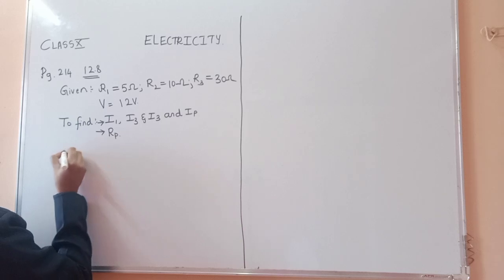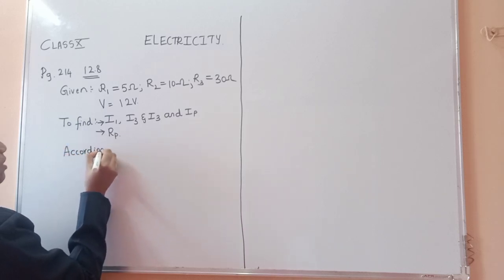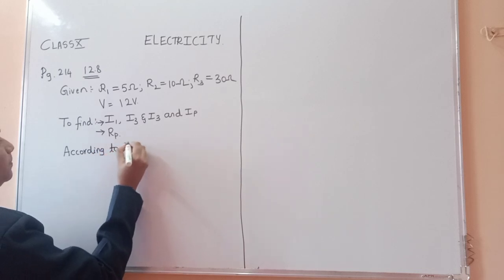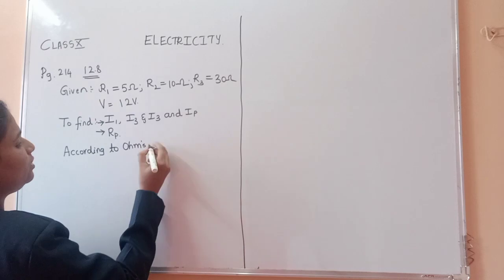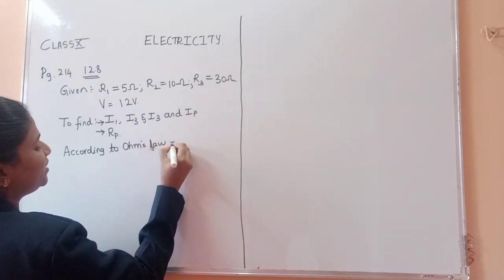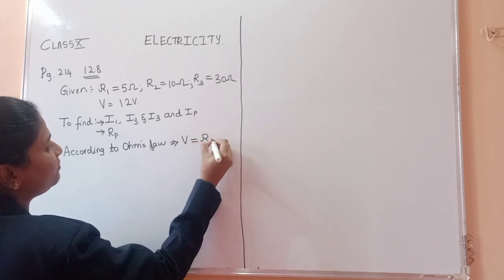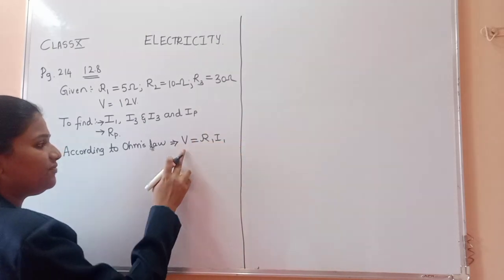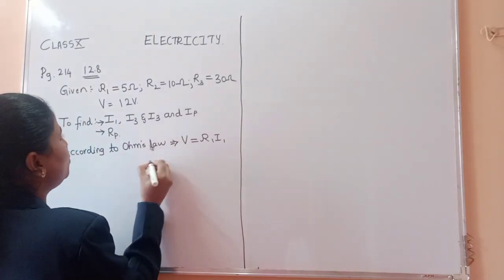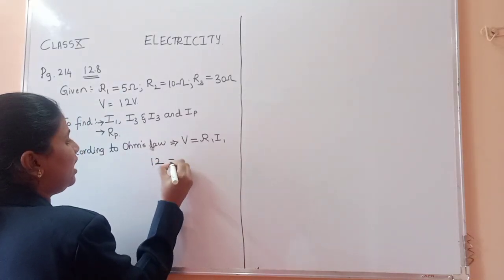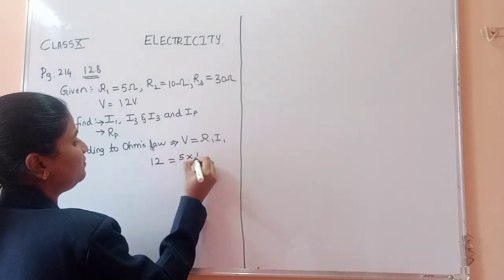So I1, according to Ohm's law, we can write V1 is equal to R1 I1. Why did I not write V1? Because the potential difference remains the same. So we know it is 12 volt, R1 we know is 5 ohm, into I1.